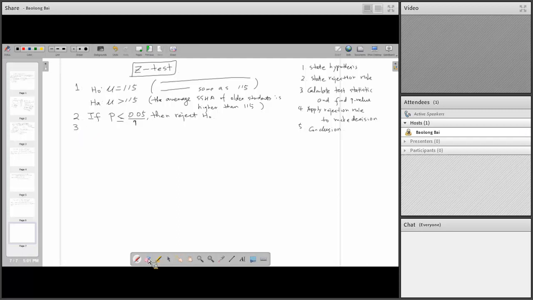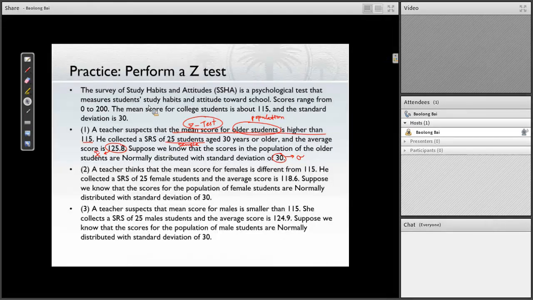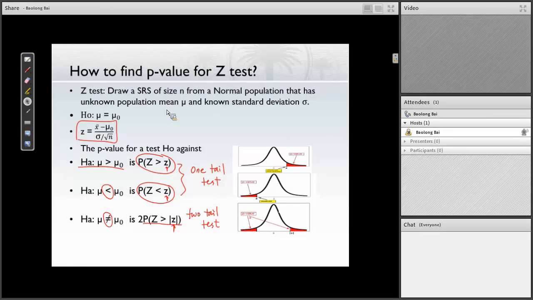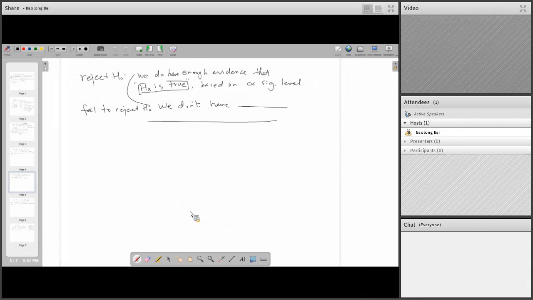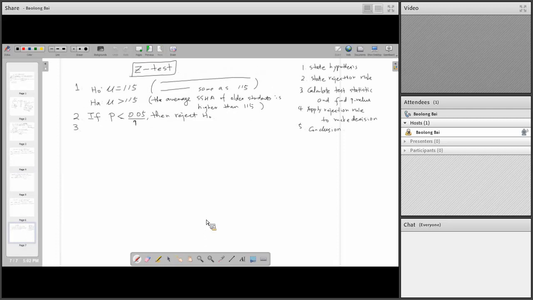And next, step 3, we need to calculate the test statistic and find the p-value. So how do I calculate the test statistic? We need to look at the formula of the test statistic calculation, right? So the test statistic is right here: Z equal to x bar minus mu divided by sigma over square root of n. So the test statistic is going to be a z statistic.